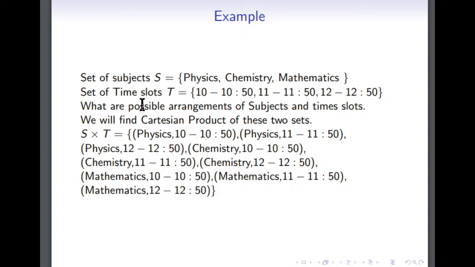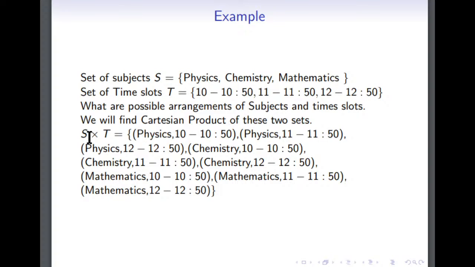I made another set of time slots which are available: first time slot 10 to 10:50, second time slot 11 to 11:50 and third time slot 12 to 12:50. Now what are the possible arrangements of subjects in time slots? Which subject can be taught in which time slot? All possibilities. How can we know this? We will find the Cartesian product of these two sets, set S which represents subjects and set T which represents the time slots.